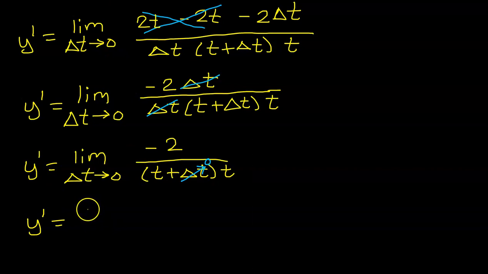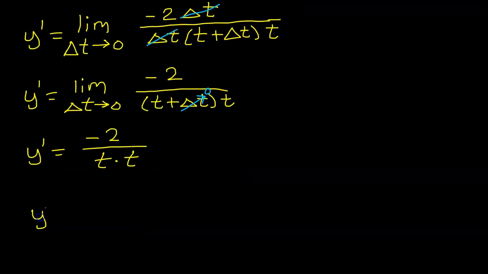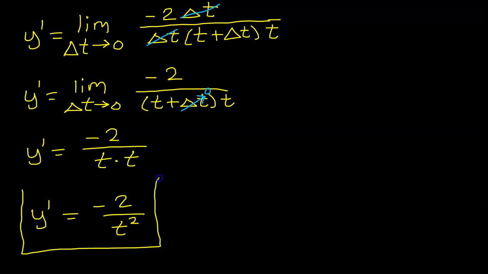The answer is negative 2 over, and we're just going to have t times t. Maybe I'll just go ahead and show one more step. All right, the delta t is gone, but I still have the t times the t. So of course that means that y prime is negative 2 over t squared. And this is the derivative of the original function.